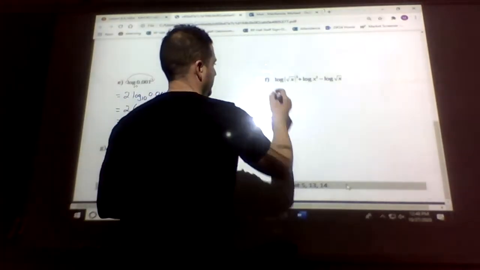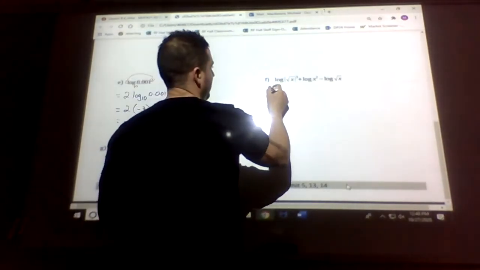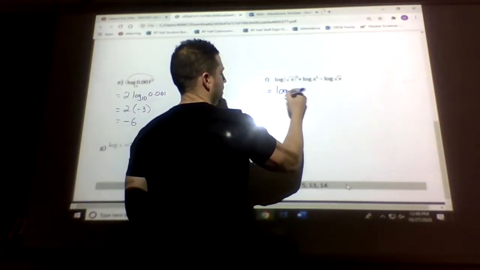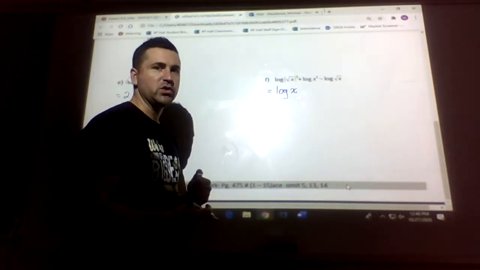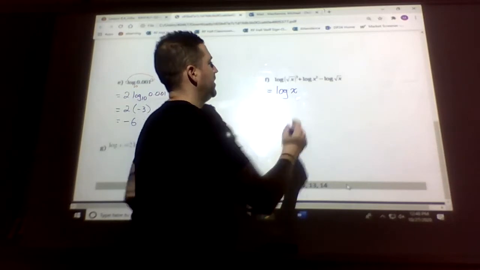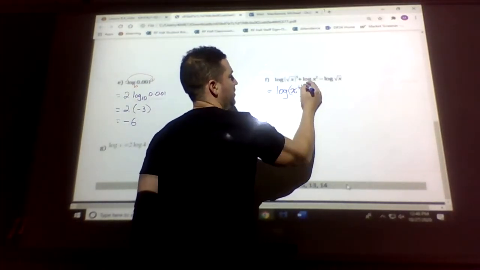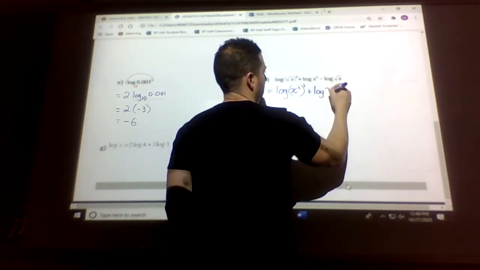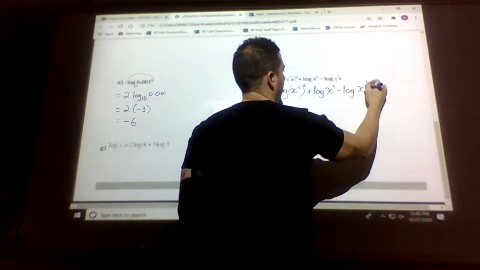All right, another one. Okay, so same thing here. I'm going to change the radicals. I'm going to change the square root into 1 over 2. So square root is the same as 1 over 2 in the exponent. I'm just going to do this as an extra step, x to the power of 3 plus log x squared minus log x now to the 1/2.